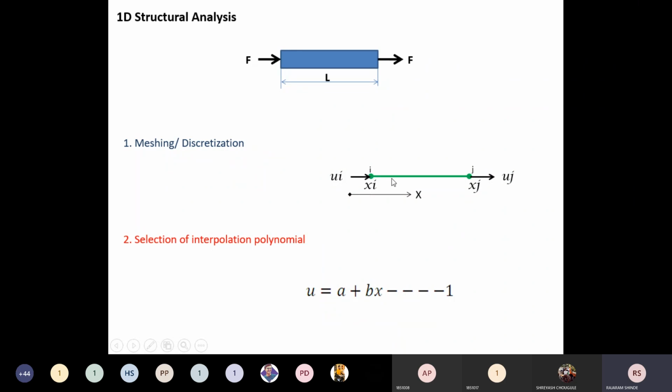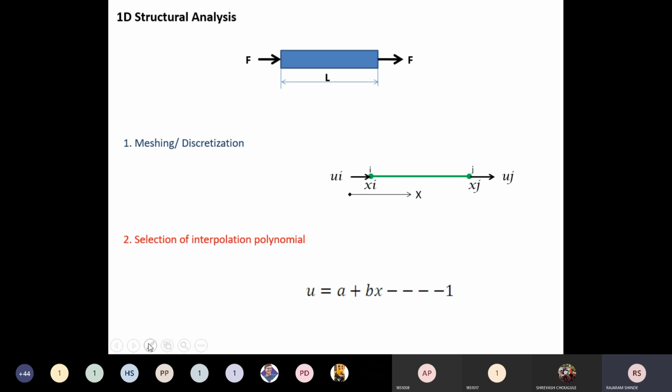You have a two noded element, that means the element has two nodes, therefore the interpolation polynomial is linear. While writing the interpolation polynomial you have to follow one rule: you should have at least one constant term in the polynomial, and one variable term. That means your u is varying linearly with x.